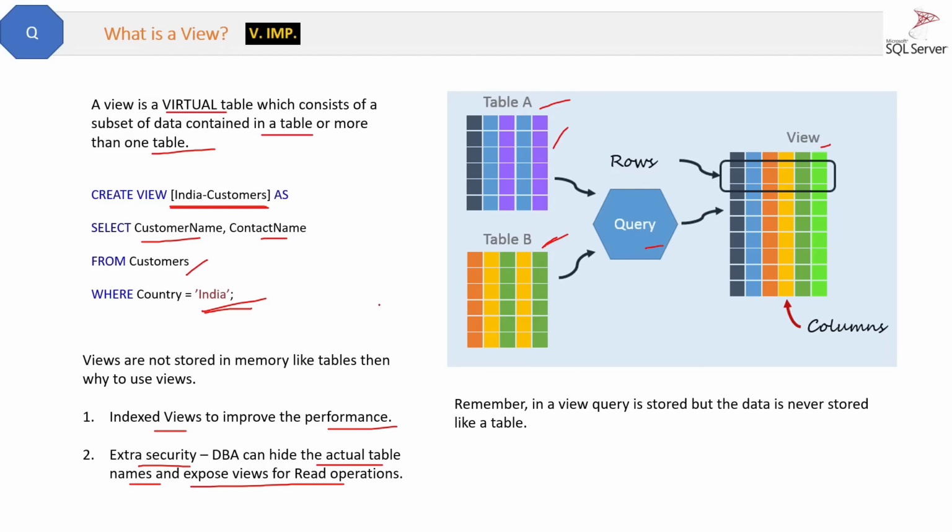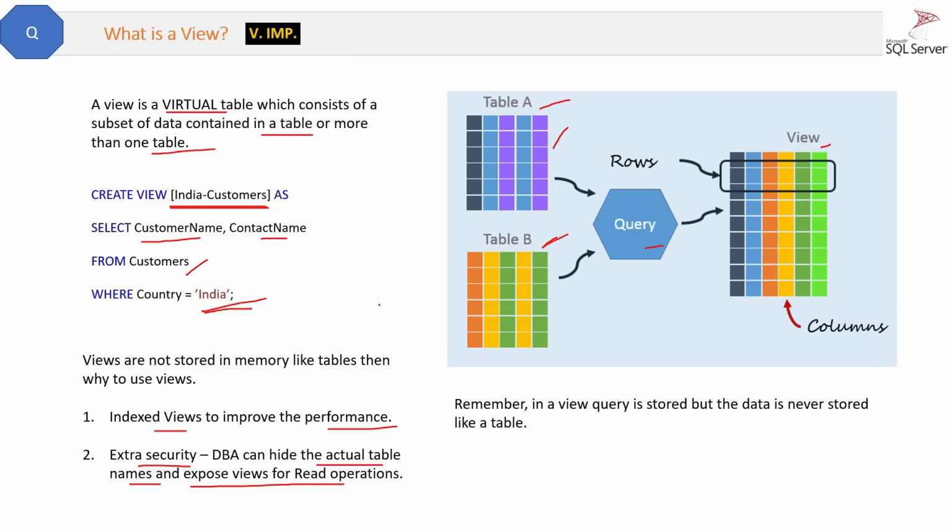Let me give you an example here. For example, there is a table whose data must not be updated by the developers. Developers can only get data from that table. Now you want to hide that table name even from the developers, because that is a very secure table. You cannot expose its name. Then what will you do?